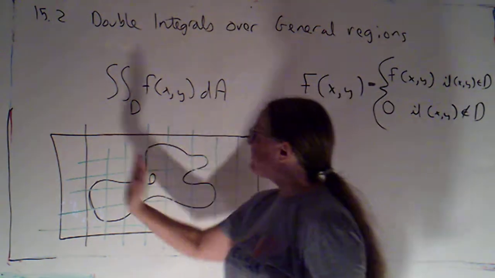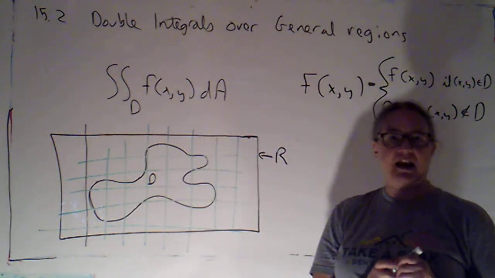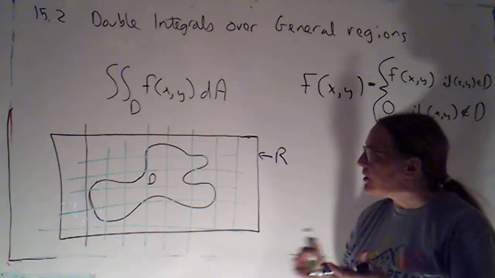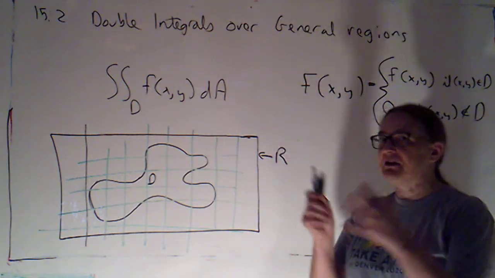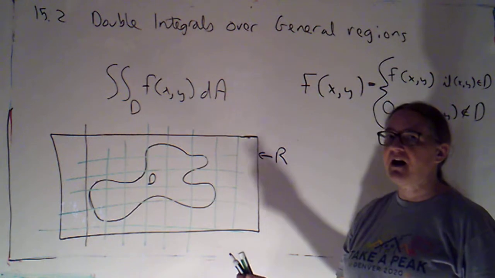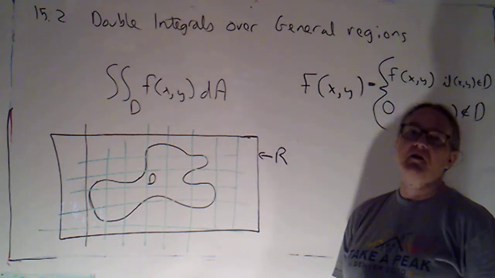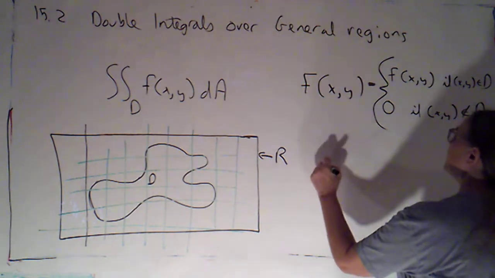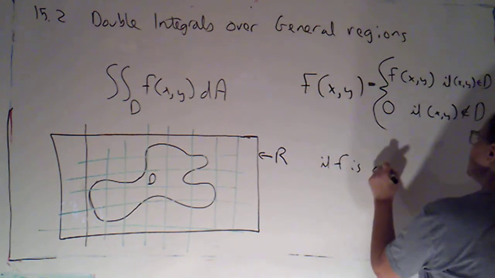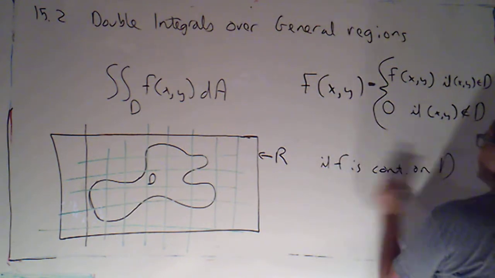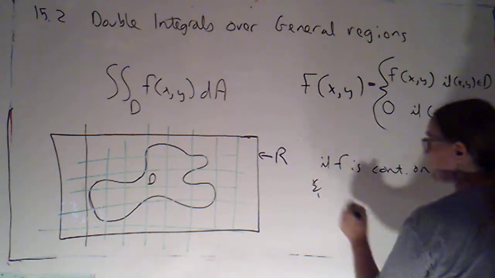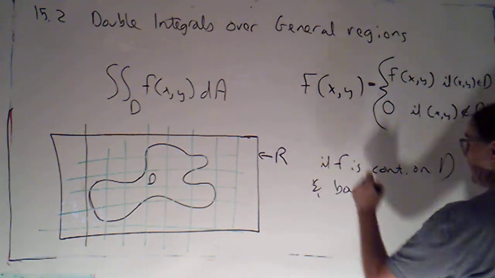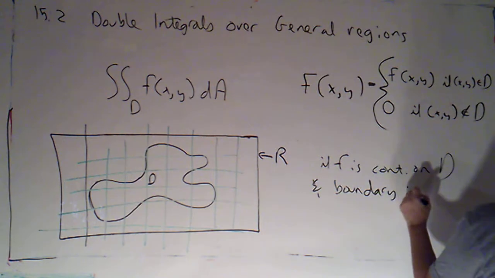But as I chop things finer and finer and finer, those errors that I get from either including too much area or not enough area are going to shrink to 0. That will be true if f is continuous on D and the boundary of D, which is that boundary curve, isn't too complicated.